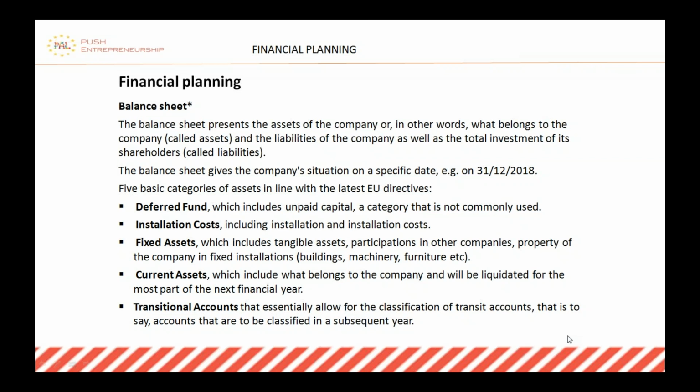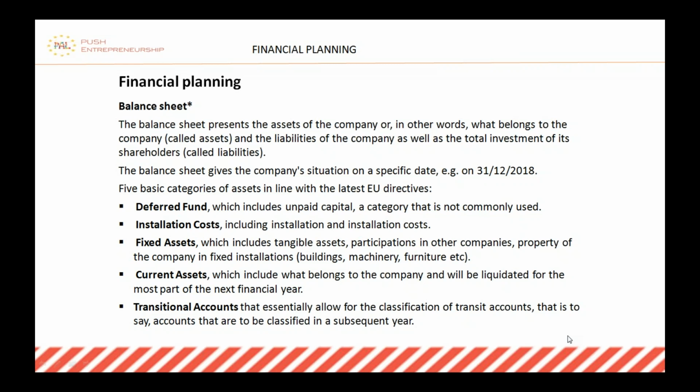There are 5 basic categories of assets in line with the latest European Union directives. For example, deferred fund, which includes unpaid capital, a category that is not commonly used. Installation cost, including installation and installation cost.